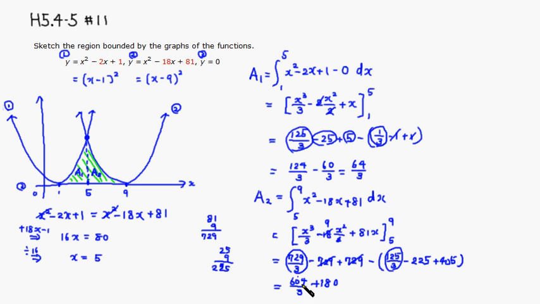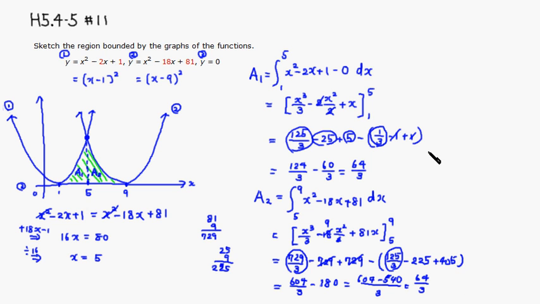Sorry, there's a negative sign there, so we're subtracting 180. I have to multiply by 3, so 540 over 3. So 604 minus 540 over 3 is 64 over 3. So we have that.